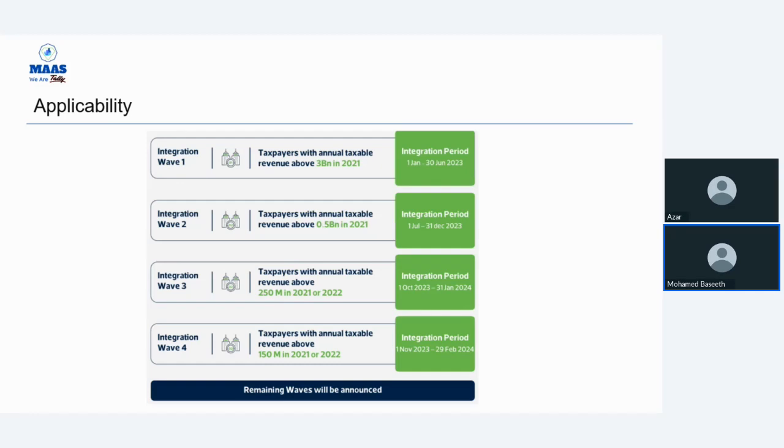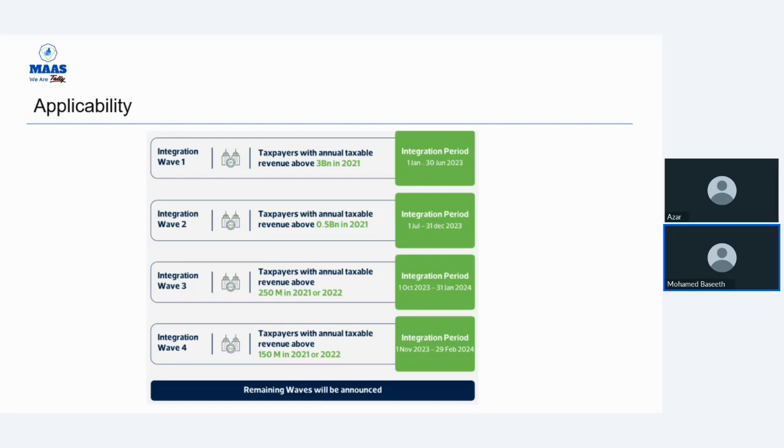It has already been running for 5 months now. This is for companies with annual taxable revenue of 3 billion riyal in the year 2021. So if you submitted your returns in the 4th quarter of 2021 for a revenue of 3 billion riyal, you should have already integrated your system starting from 1st January 2023, and the deadline was 30th June 2023.